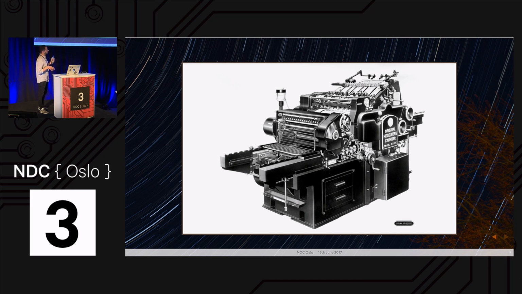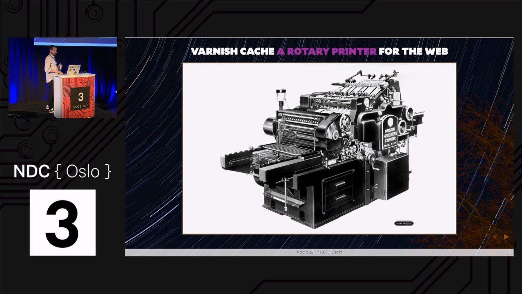When this printer was invented, a cylinder with momentum allowed it to print copies very, very fast and save a lot of time. So Varnish Cache is a bit of a rotary printer for the web. It serves copies of your content really fast without going to the backend.